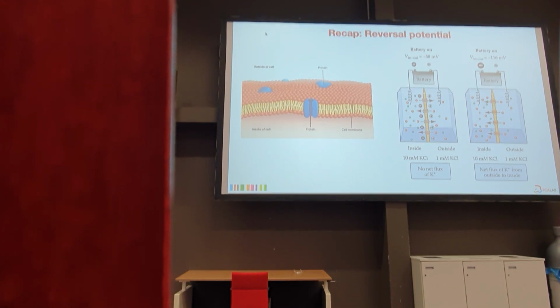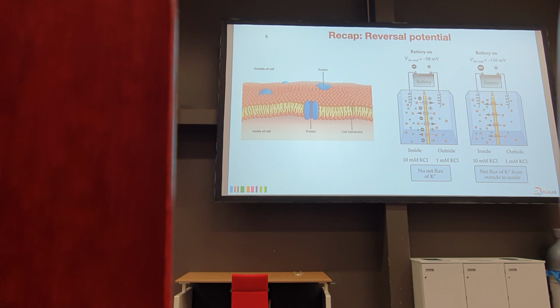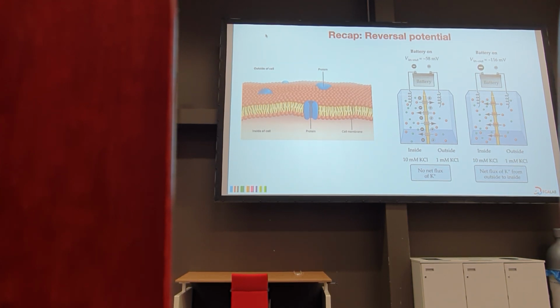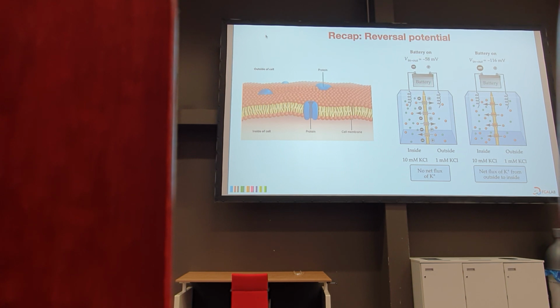And then the important thing is that, based on diffusion and electrical repulsion and attraction, you have a difference in ion concentrations inside and outside. Remember that this was established by these ion pumps, and it takes a lot of energy to maintain those gradients, to pump ions from inside to outside and vice versa. That's where all the energy goes.